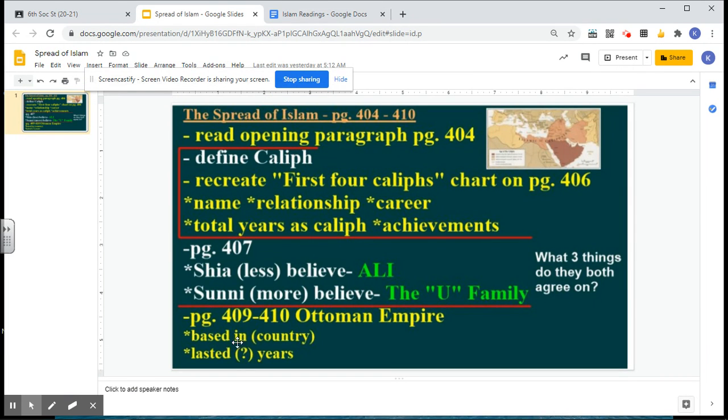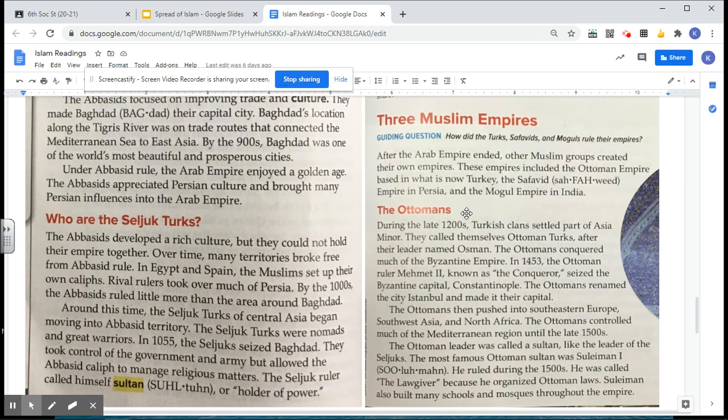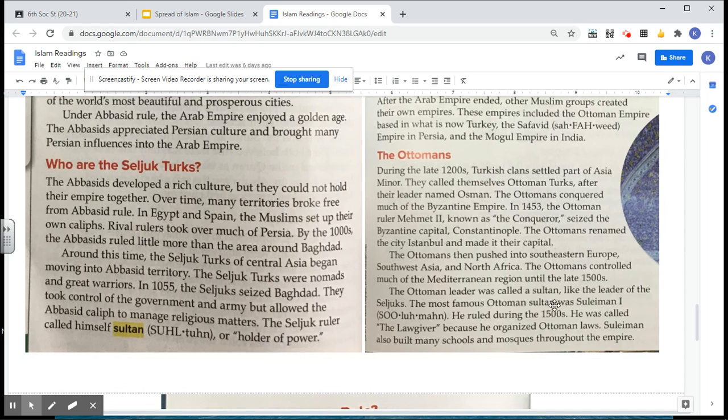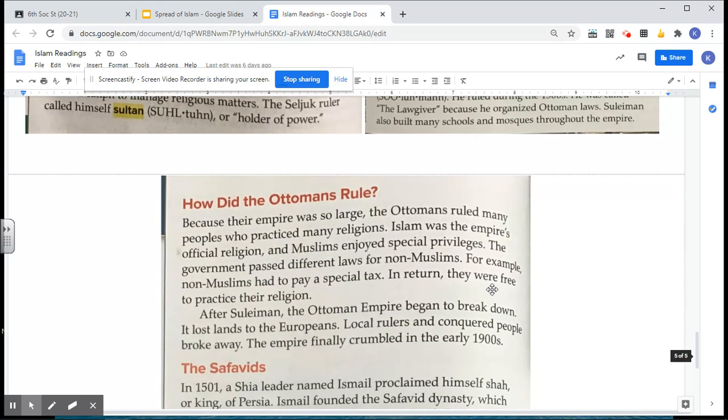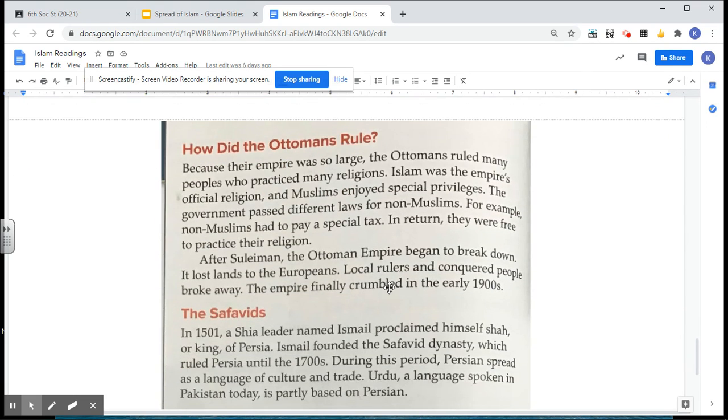Okay, so based in what country? It's based in the modern day country of Turkey. Now, it lasted how many years? That was kind of a tricky question, but if you do the math here, it says that during the late 1200s is when this group got its start, and they go through all these different years until finally it talks about it right here that local rulers and conquered people broke away, and that this empire finally crumbled in the early 1900s.